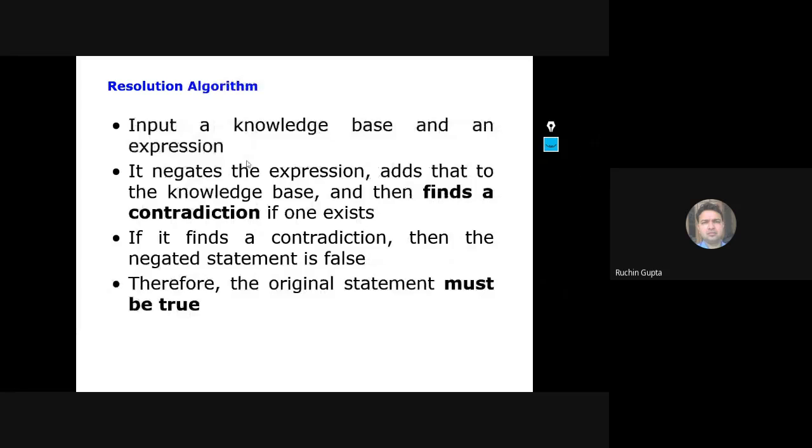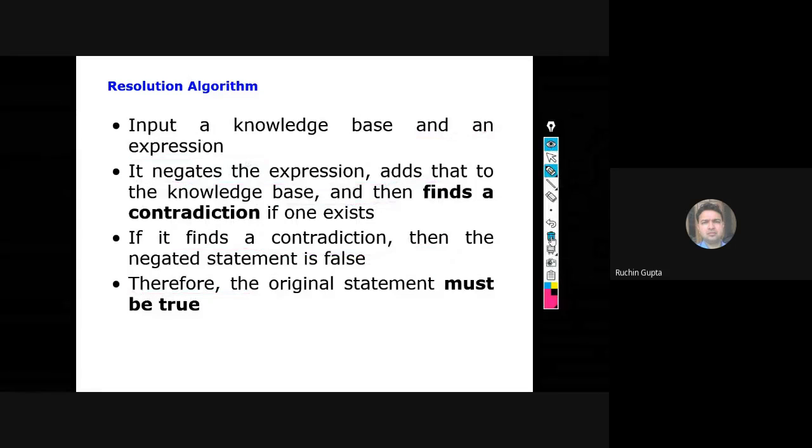Now, what is this resolution algorithm? How is it actually going to work? We are given a knowledge base containing a number of facts, and we are given an expression or a statement which we want to prove can be derived from the given knowledge base.